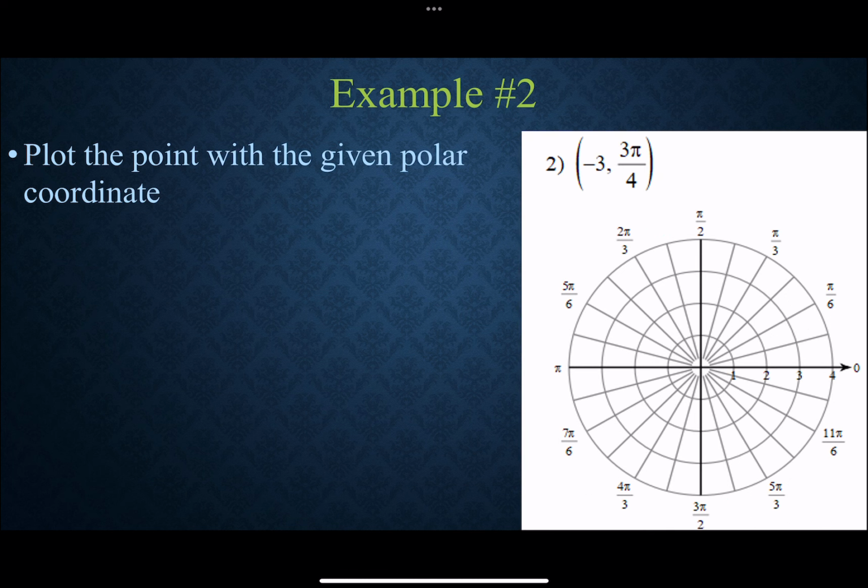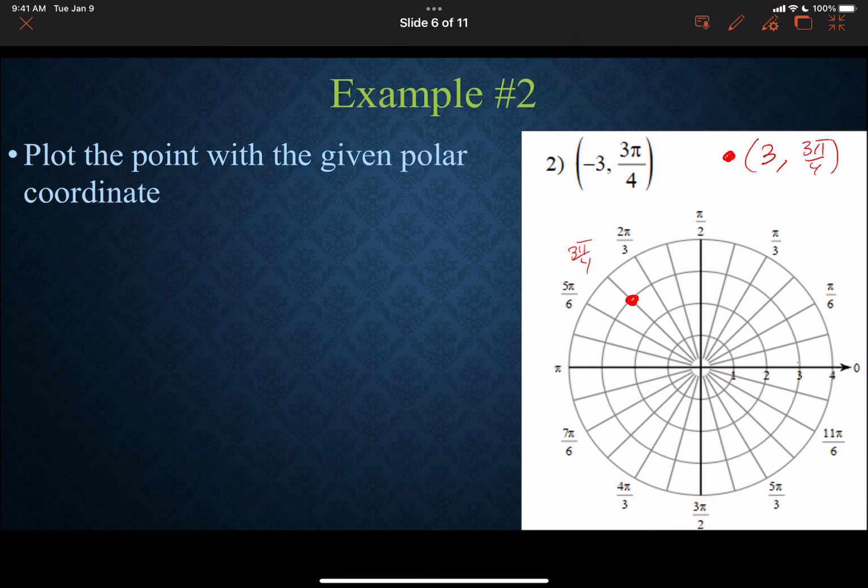Now, when the radius is negative, what you're going to do is you're going to go to the appropriate ring, which is radius of 3. So radius of 3 is kind of this second from the outside ring. 3π/4 would go right there. And that red dot would be positive 3, 3π/4. But if I want to plot it at negative 3, what we do now is we follow along that line, kind of drawing it straight across to the other side.